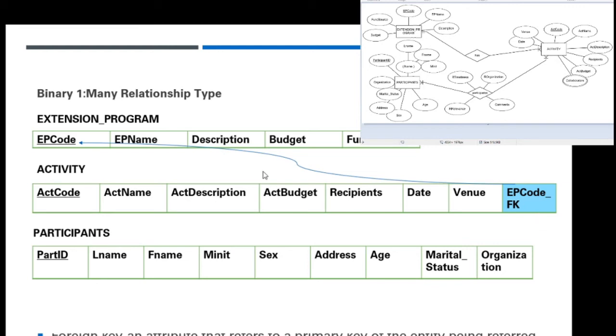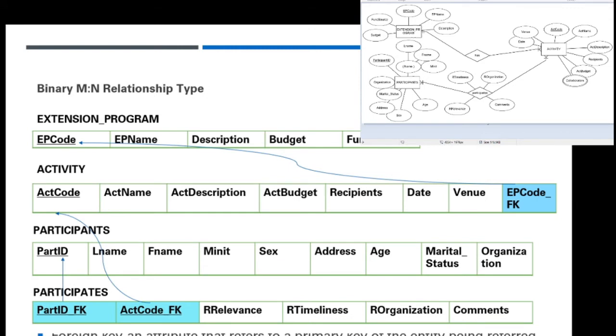In the case of our diagram, the activity is the many side and the one side is the extension program. Now we have epicode as our foreign key that refers to the primary key of the extension program. So that's how we created the relation between extension program and activity in terms of binary one-to-many relationship type. Now let's go to the next one.